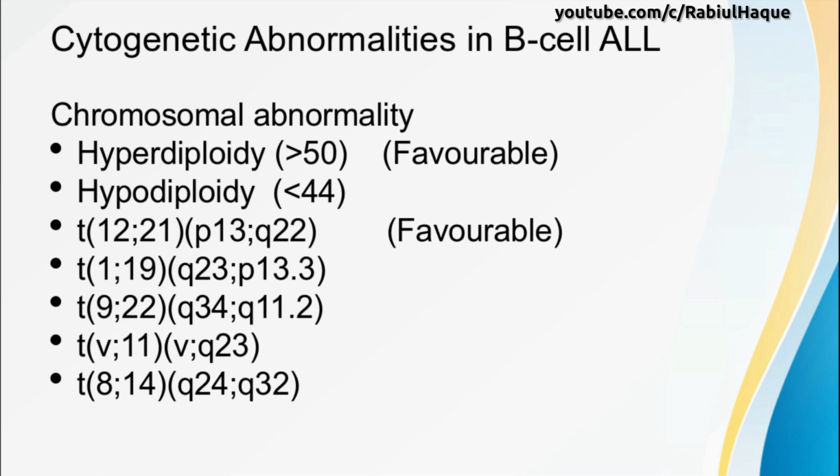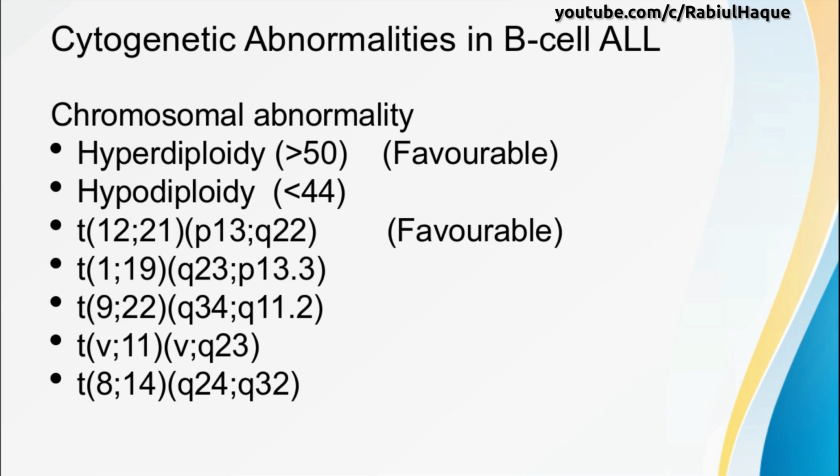As a result of such translocation, there is formation of a fusion gene, that is ETV6-RUNX1, and the products of such fusion gene will repress the normal function of RUNX1 gene, and all these things will ultimately lead to development of B-cell acute lymphoblastic leukemia in the childhood.